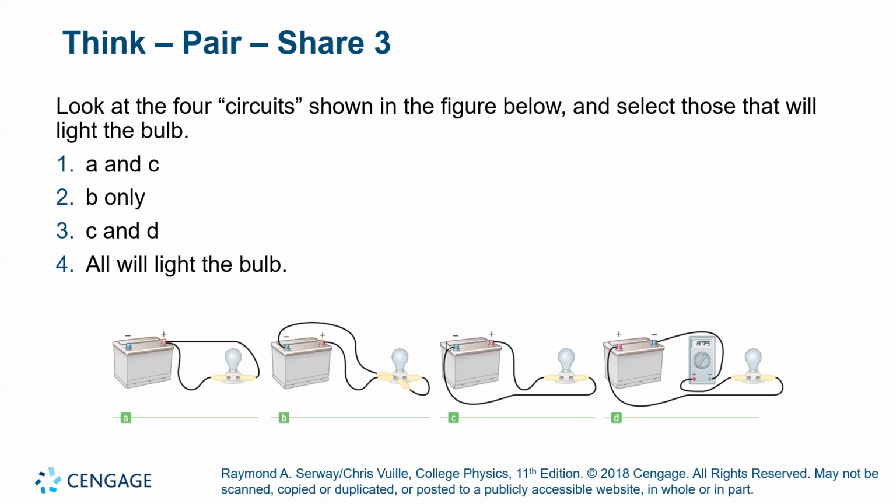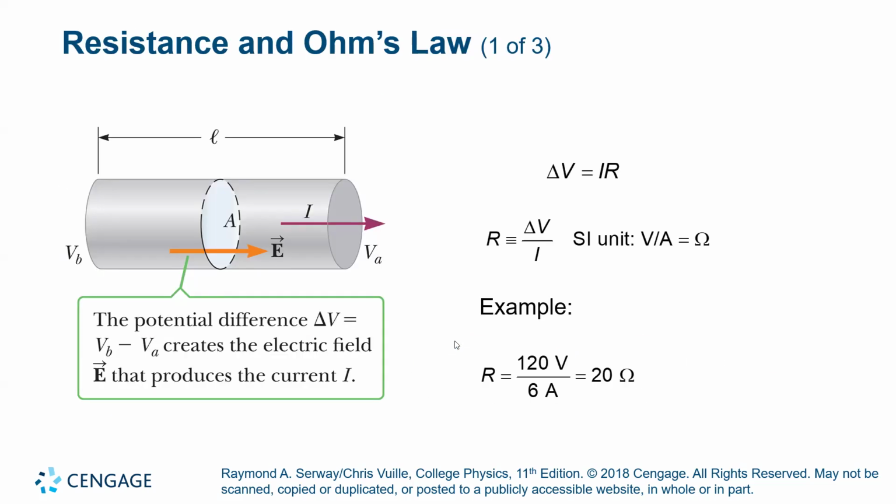The lowest potential point is the negative node. So now looking at this, we see a little segment of a conductor that's got current flowing. VB and VA are the two potential voltage values on the left and the right. Because I see the current flowing from left to right, that means that VB is higher than VA.